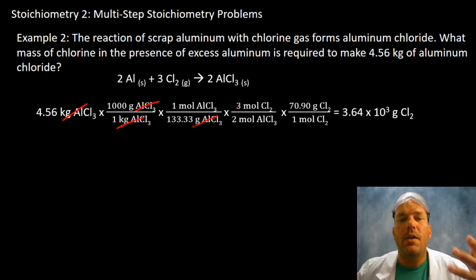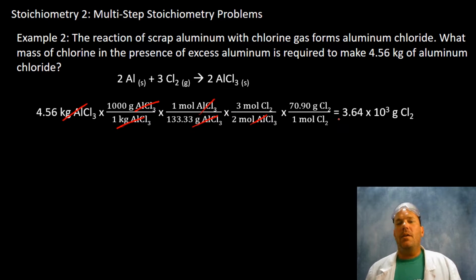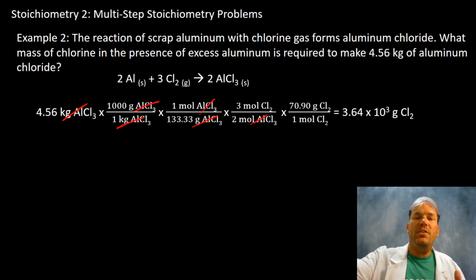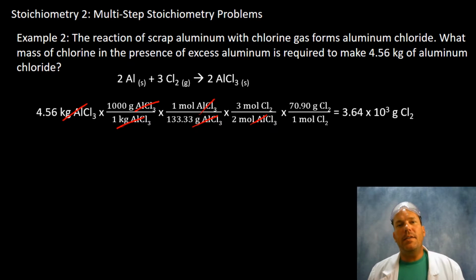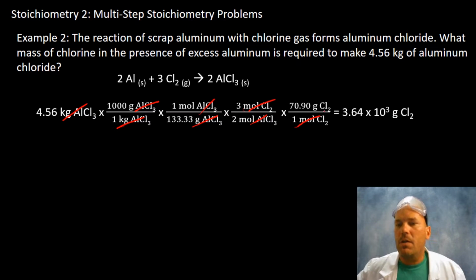The mole ratio, it's a 3 to 2 in this instance. And then once you get that, now we're dealing with chlorine gas. So in 1 mole of chlorine gas, there are, now don't forget to multiply by 2, because we're keeping it in its diatomic form. Okay, so 35.45 times 2 is what's going to give you your accurate molar mass for chlorine gas. We're going to pay attention to sig figs. We're going to acknowledge that we need 3. And so in this case here, we can report this.